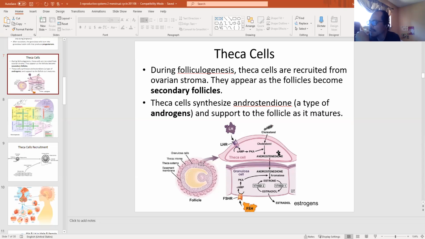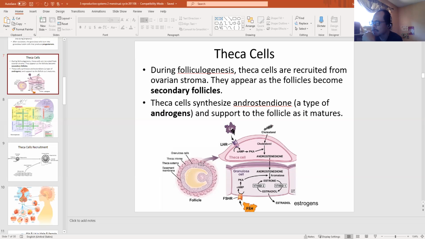Now, these theca cells function by getting stimulated by another gonadotropin released from the anterior pituitary gland, which is the luteinizing hormone.